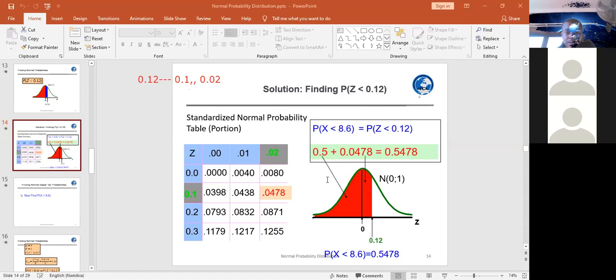So it has only given us 0.0478. But knowing that the other part is 0.5, we combine the two. And the probability that it will take less than 8.6 seconds to download an image from the internet equals 0.5478 or 54.78%. And that's your conclusion.